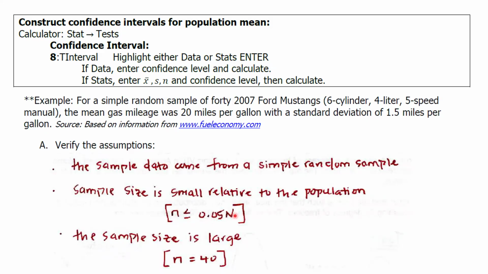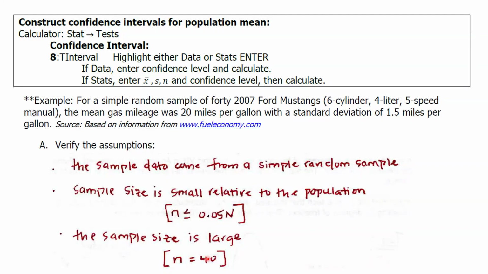So we need the population to be at least, let's see, at least 800, because 400 is our sample, 40, not 400. 40 divided by 0.05 would get us 800. And then our third assumption is that the sample size is large.